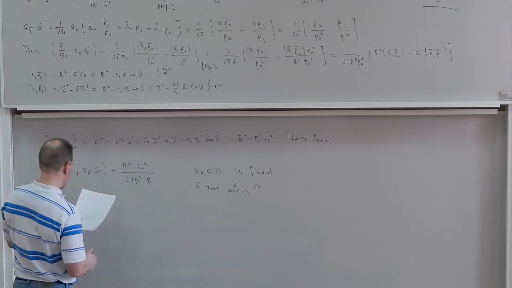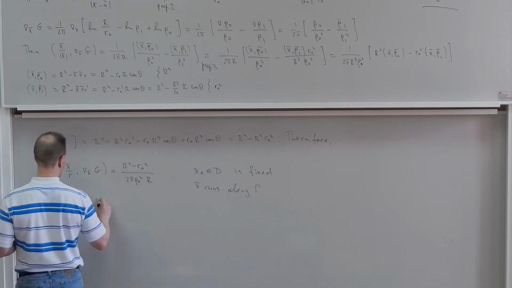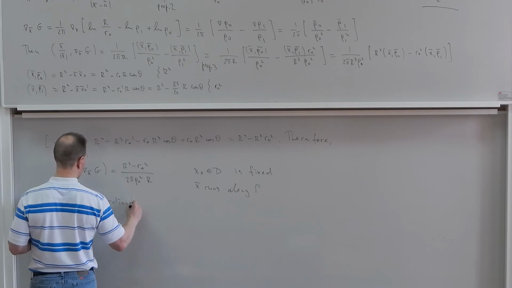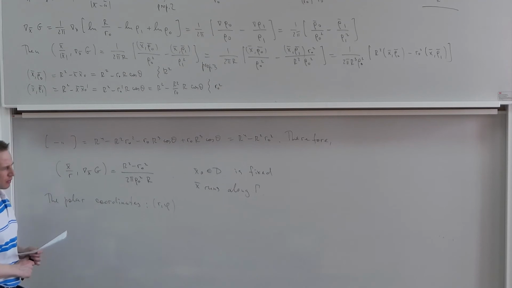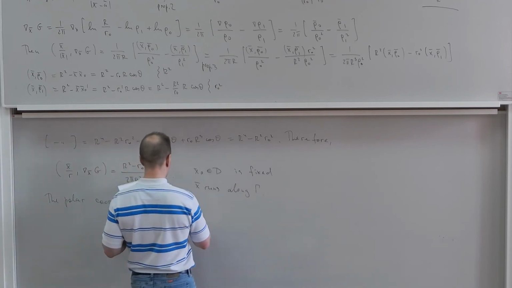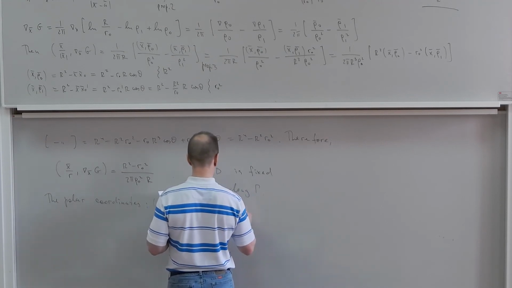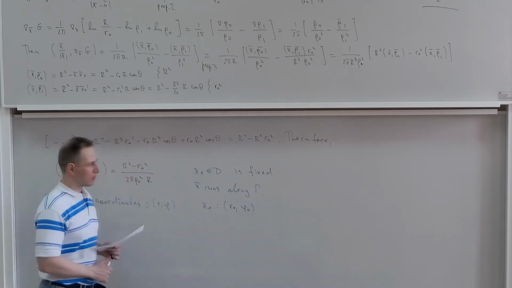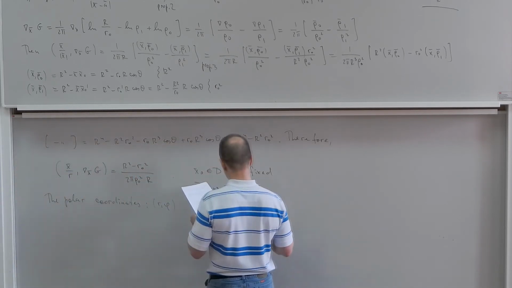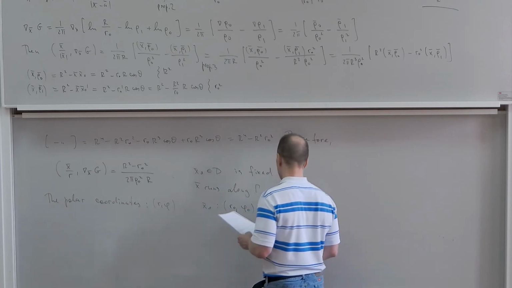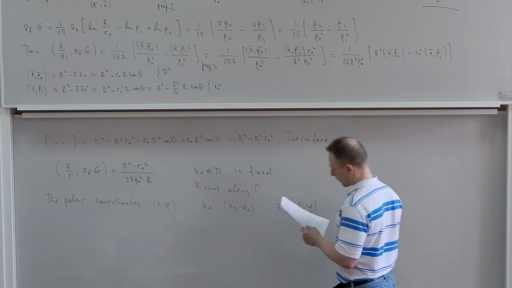Let us introduce the polar coordinates r and phi. Then the point x0 possesses some coordinates r0, phi0, and the point x has the coordinates large R and phi.